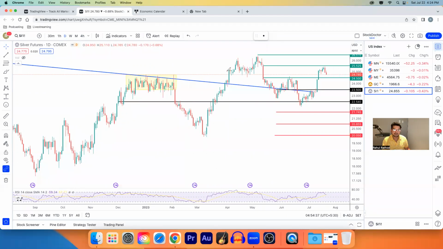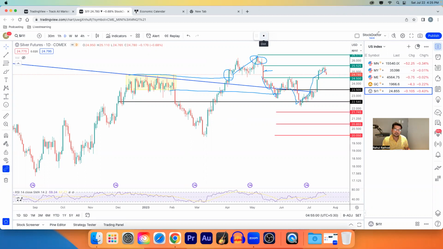Then it gave some upside, and after this upside again it gave this red candle, and started going below this distribution level bottom, and then again it went down and again is trying to come up.